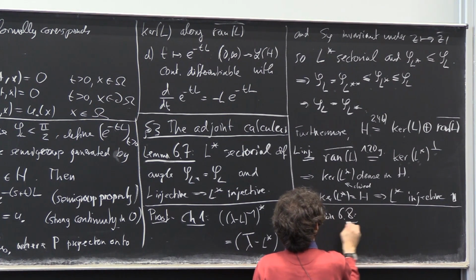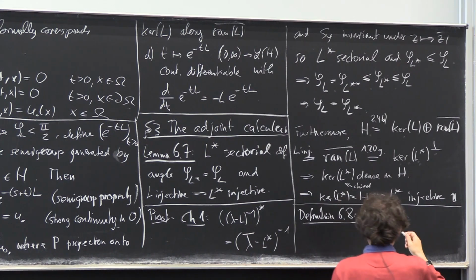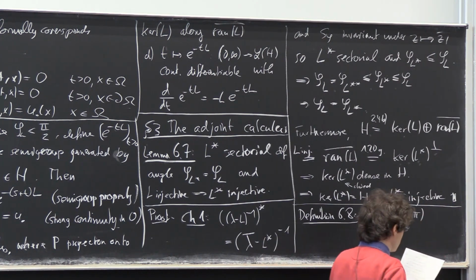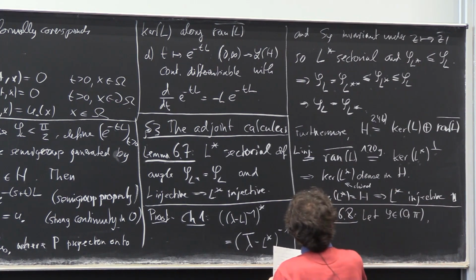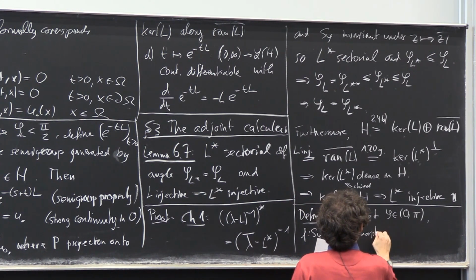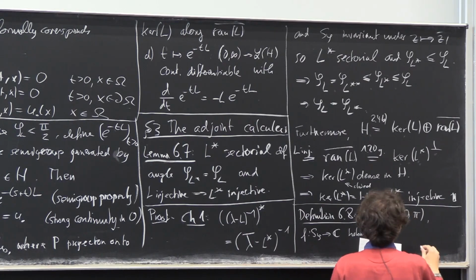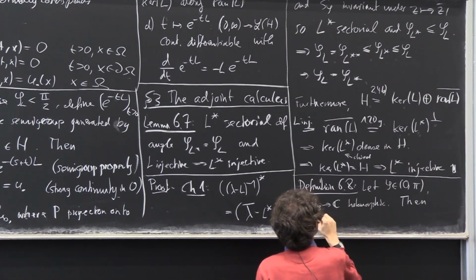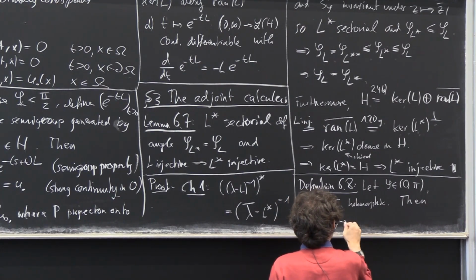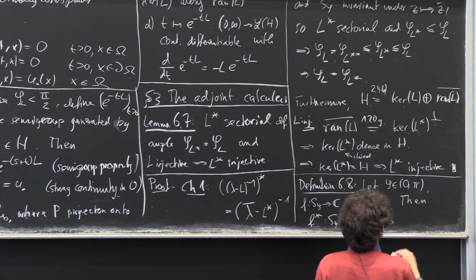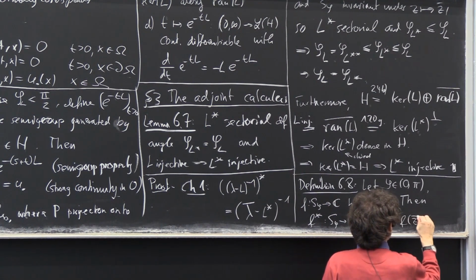Definition 6.8 is the following: getting the right function f that you have to apply to L star to get the same as f of L. Again, we are on a sector with some angle phi, and we take some holomorphic function on this sector, and for this holomorphic function we define the so-called complex conjugate, a function f star defined on the same sector, that assigns to z the value f of z bar.